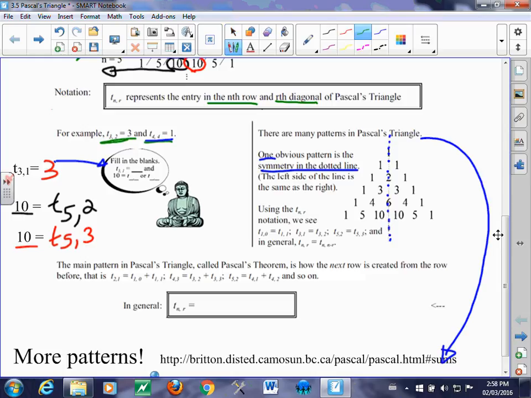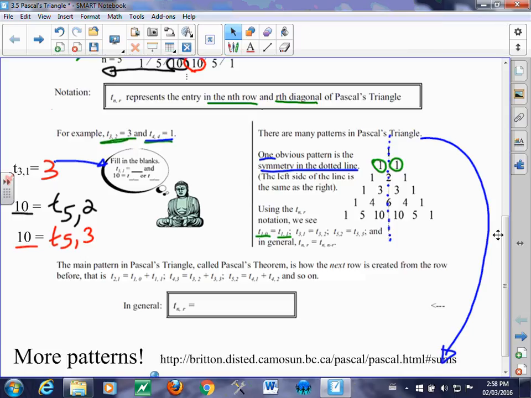Okay, and what you notice, folks, is using the notation, we see that there are terms that are equal to each other. So for example, T(1,0) equals T(1,1).